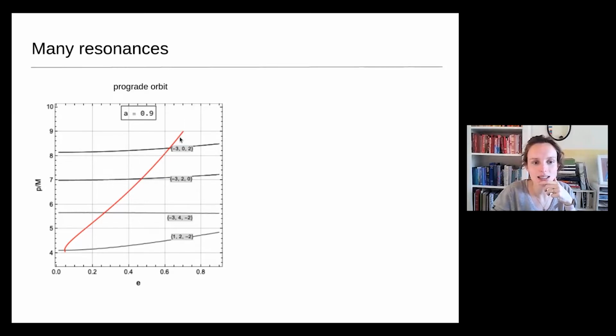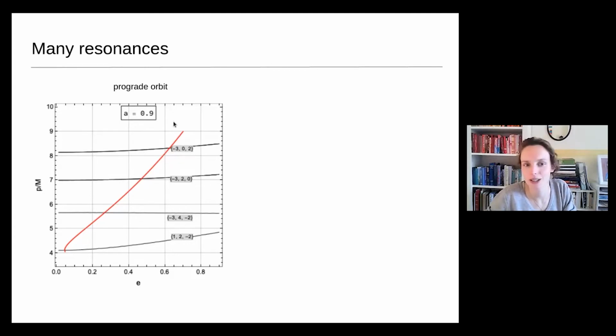And as I evolve and get closer to the central massive black hole, I hit all these lines. This line, this line, this line, that line. Those are the lines where low order resonances happen. In particular, the first one is when k equals -3, m equals 0, and n equals 0 and m equals 2. And similarly here for these other resonances.